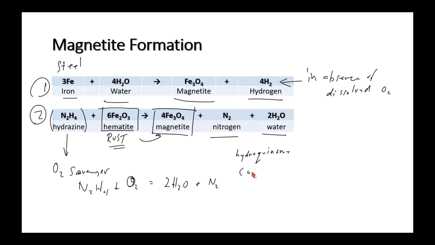And I think it's called carboxyhydrazine. Just a few different O2 scavengers that not only get rid of the dissolved O2, because we don't want that present, but also help form magnetite.